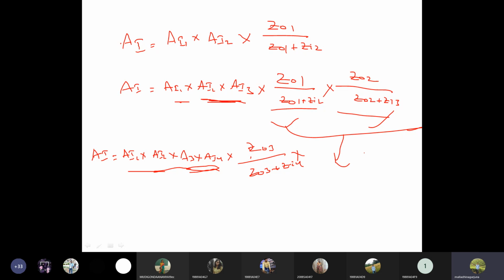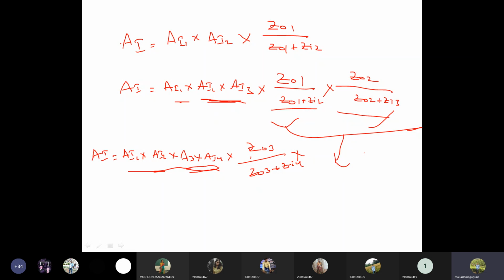Next, input impedance. So note down, the input impedance of the first stage is treated as the input impedance of the multistage amplifier. There is no separate calculation for overall input impedance and overall output impedance. Next, output impedance: the output impedance of the last stage will be treated as the output impedance of the multistage amplifier.